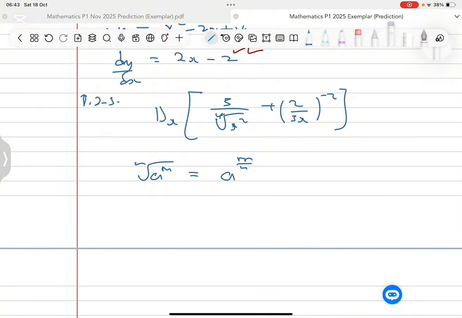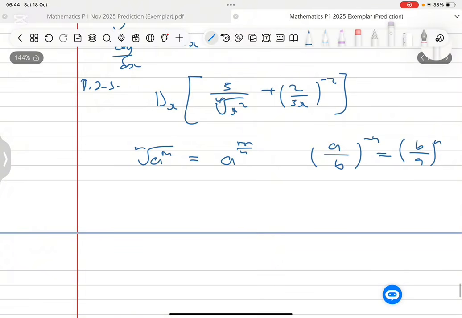The second thing that we need to observe is that if we have a over b all to the power, let's say, negative n, this is the same as having b over a to the power n. So this is how I change this negative to a positive there, and I'm going to apply that there as well. So these are just our rules of exponents and sets.